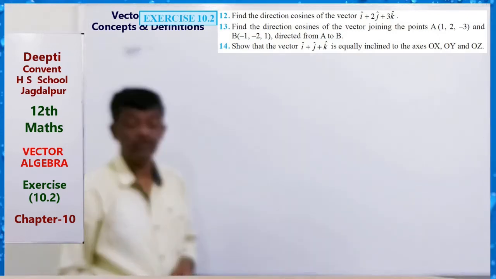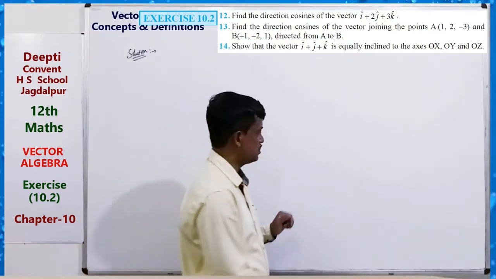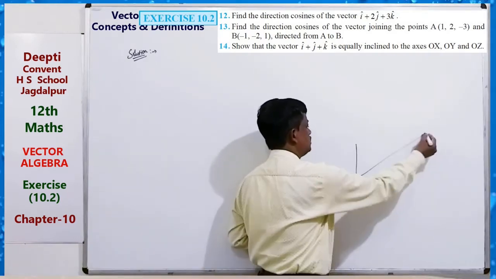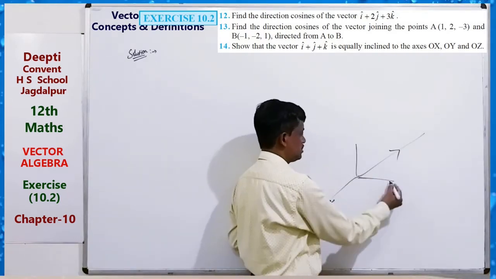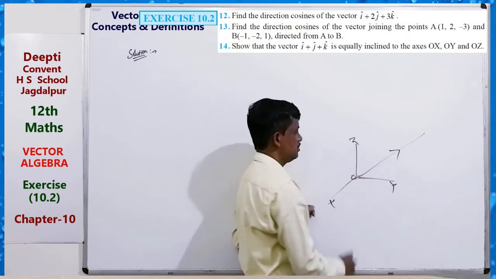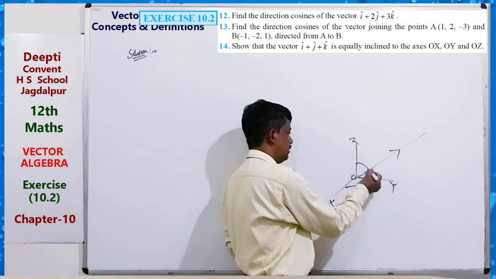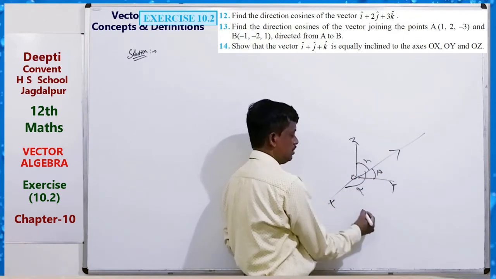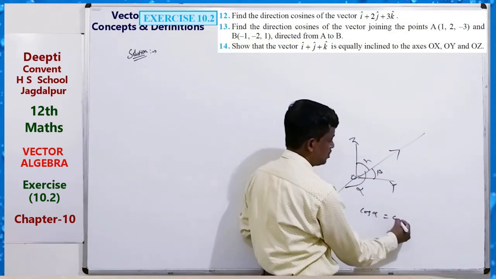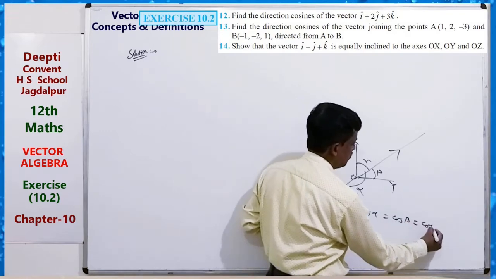Suppose there is a vector x, y, z from the origin, making angles alpha, beta, gamma.